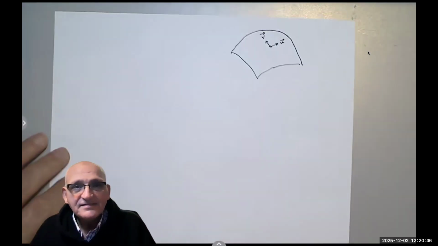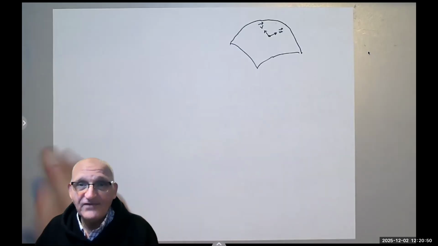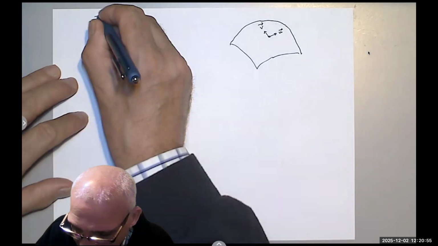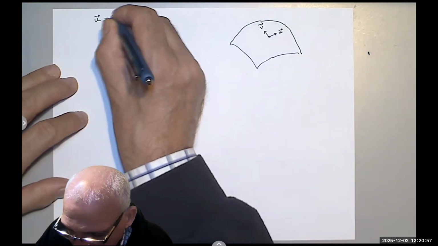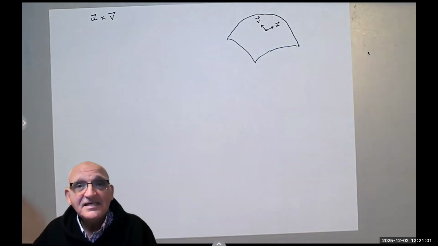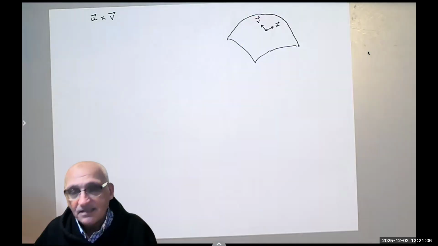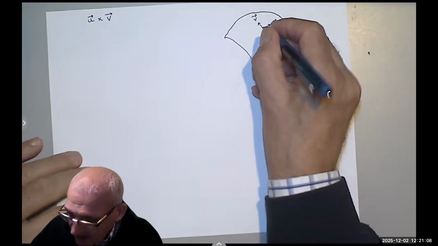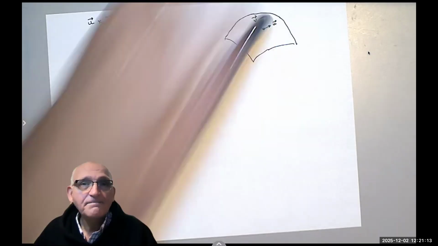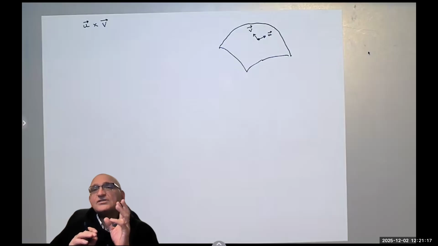Now we learned in math, when we dealt with vectors, something called the cross product of vectors. When I do a cross product of vectors, the result is a third vector perpendicular to the plane. So at this point, it's like I'm drawing a line perpendicular to that plane. Now, that's not the big issue.